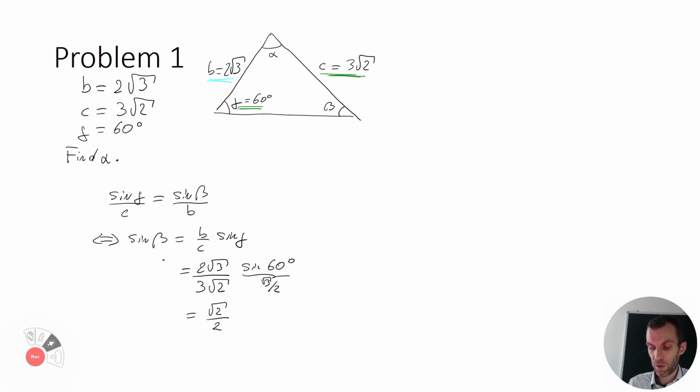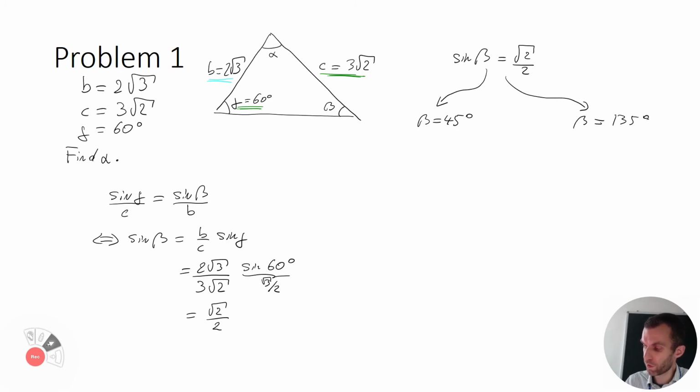So we're again in a situation where we have sine beta equal to some value that we know. So what does that tell us about beta? Well, beta can either be 45 degrees or beta can be 135 degrees.